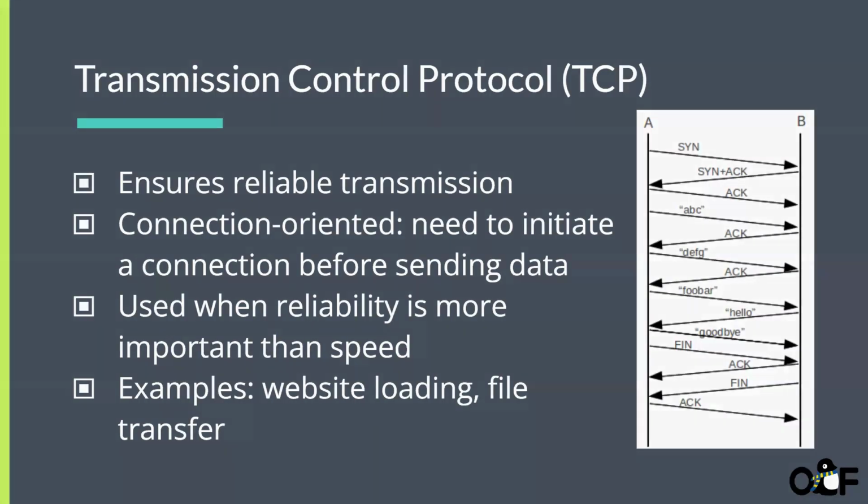Now we're going to move on to protocols. Protocols are how you guarantee that the data you're trying to send either gets there, or you manage the case where it doesn't need to get there; it just needs to try.